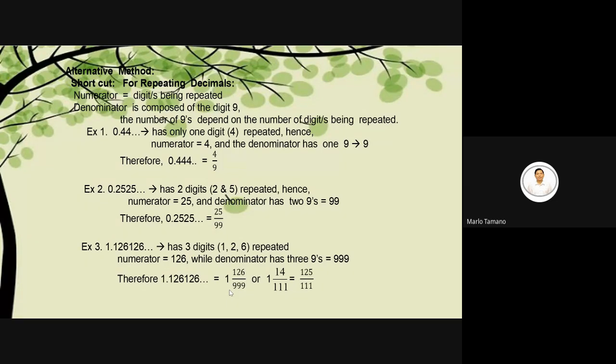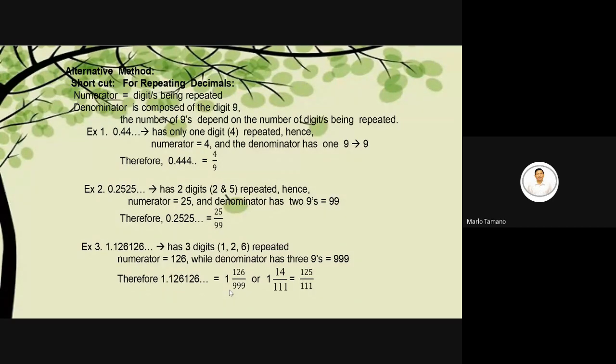For example, 0.444, isa lang po yung nauulit dito, yung 4. Okay? Has only one digit, 4, repeated. Hence, the numerator is 4. Ganun lang po yung shortcut niya. And the denominator has 1 nine. And therefore, 0.4444, that is 4 over 9. Yun lang po yung shortcut niya.